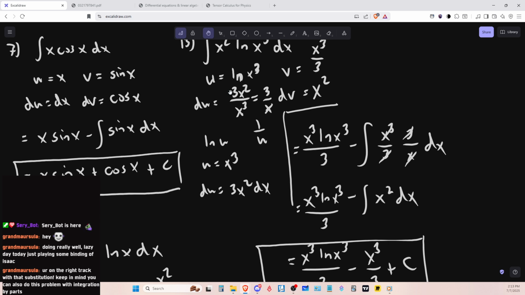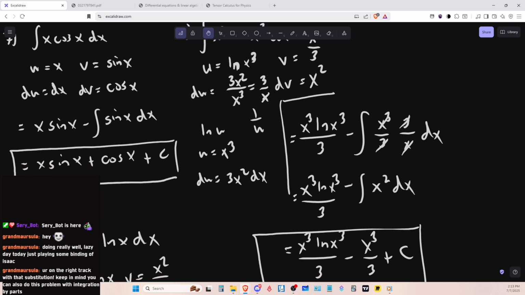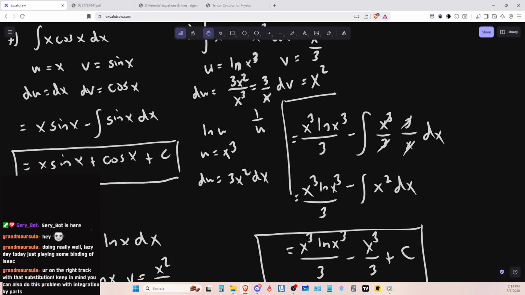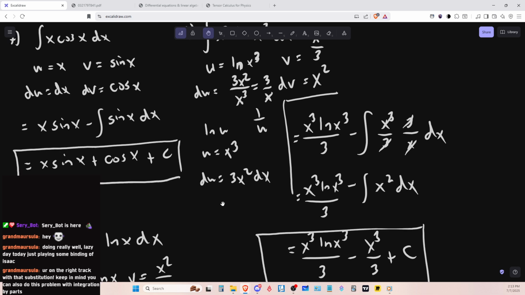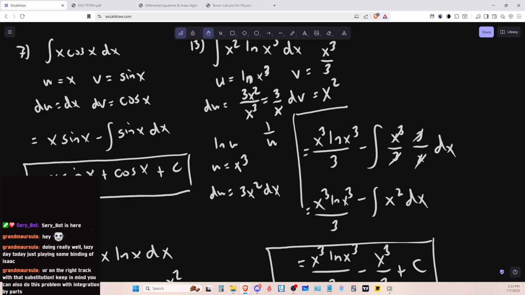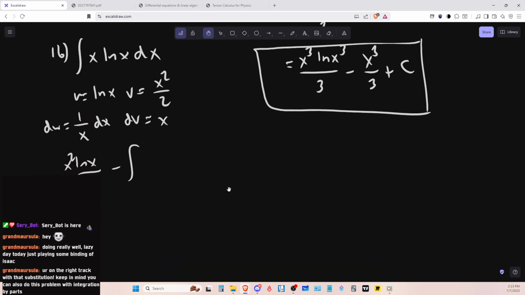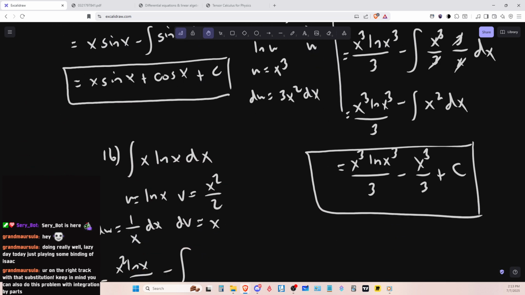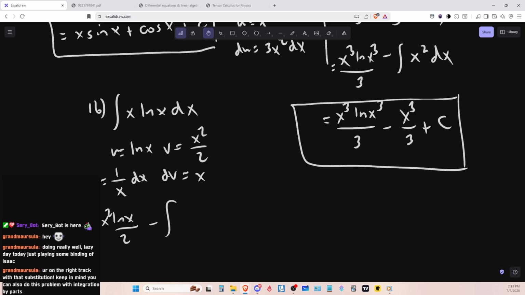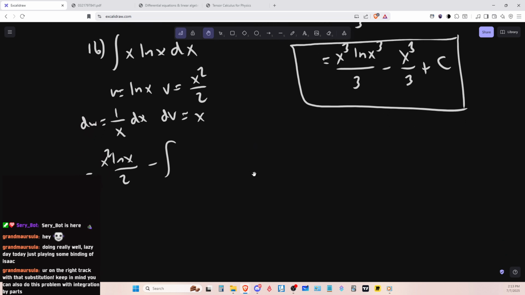Oh wait, I think I did an error here. Oh no, wait. It has to be v and du. Okay, never mind. I thought I messed something up, because the first form is usually u and dv, but then you have to basically change it. Okay, I nearly scared myself for a second, but that's okay. At least we checked though, because sometimes I don't develop the habit of checking my work, and I probably should do that more.